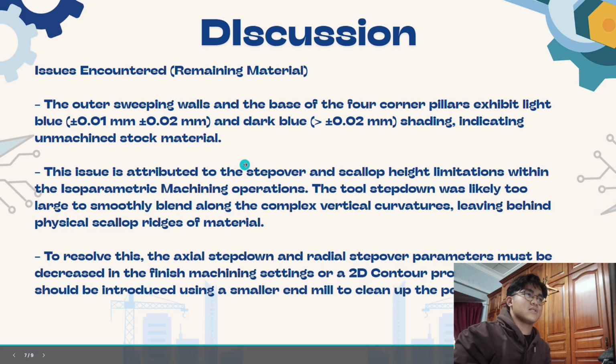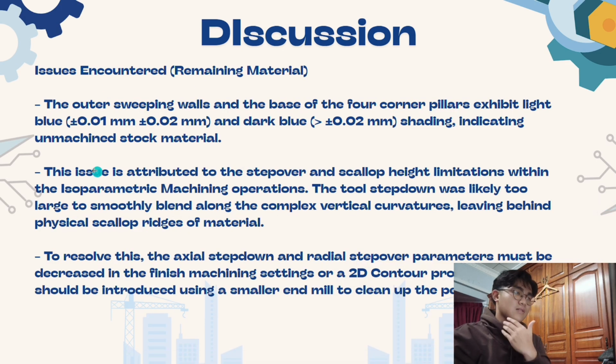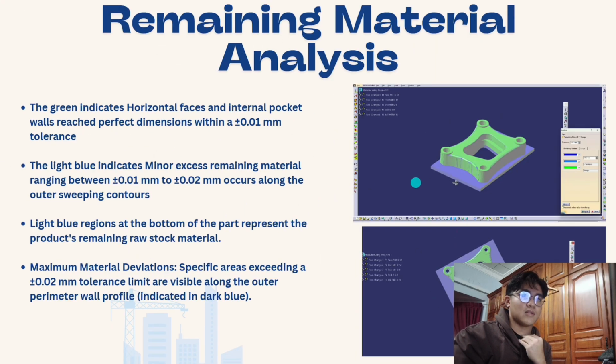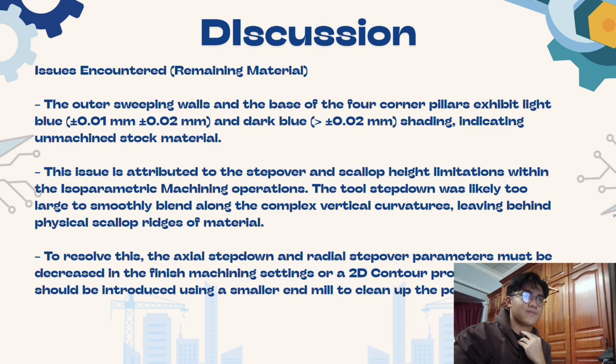So this is the discussion, which is the issues that we encountered. The outer sweeping walls that we set here have minor excess left of the remaining material, attributed to the stepover and scallop height limitations within the isoparametric machining operations.